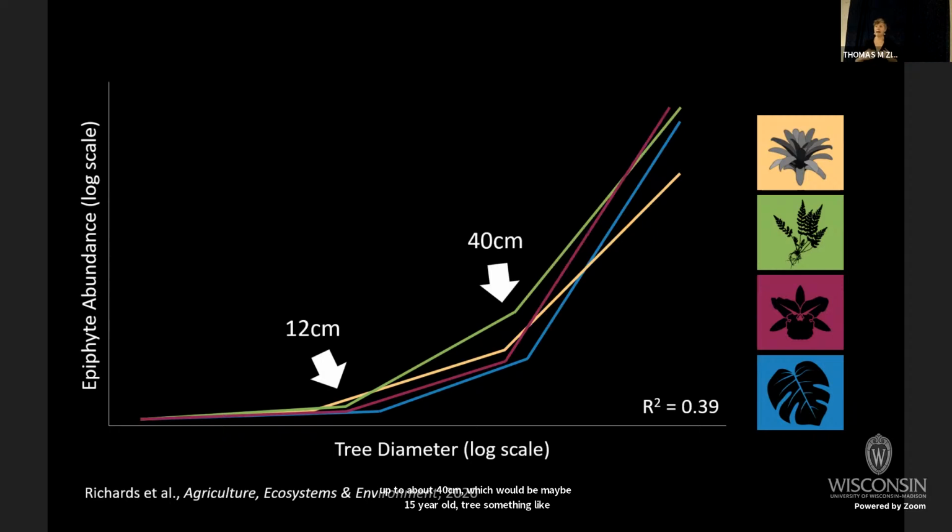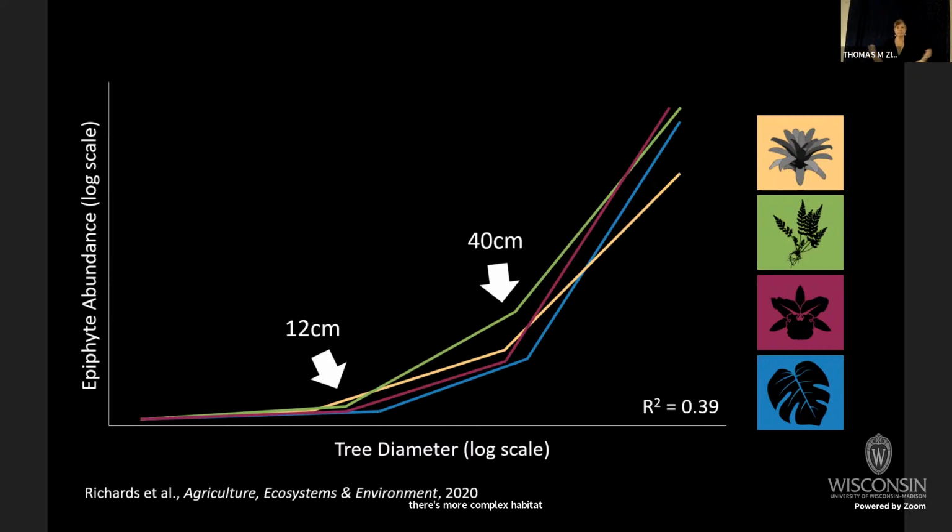And then after that, the number of epiphytes just accelerated. And I found no evidence that the steep increase with diameter ever stopped. So what's happening is that as trees get larger, there's more complex habitat available in them.